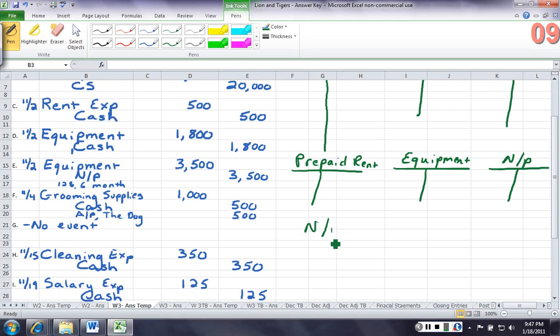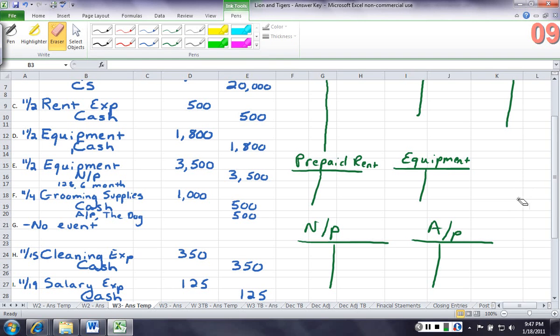Actually, let's put notes payable here and accounts payable here so we can keep those liabilities together, just like the chart of accounts would.